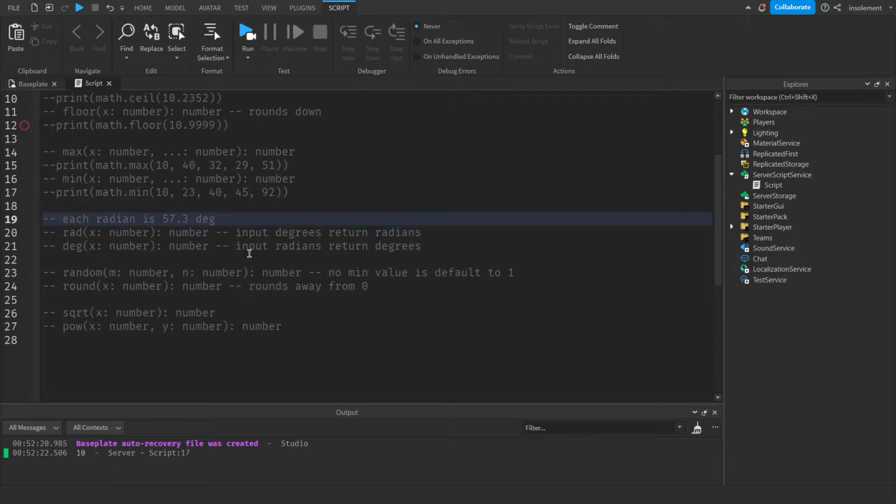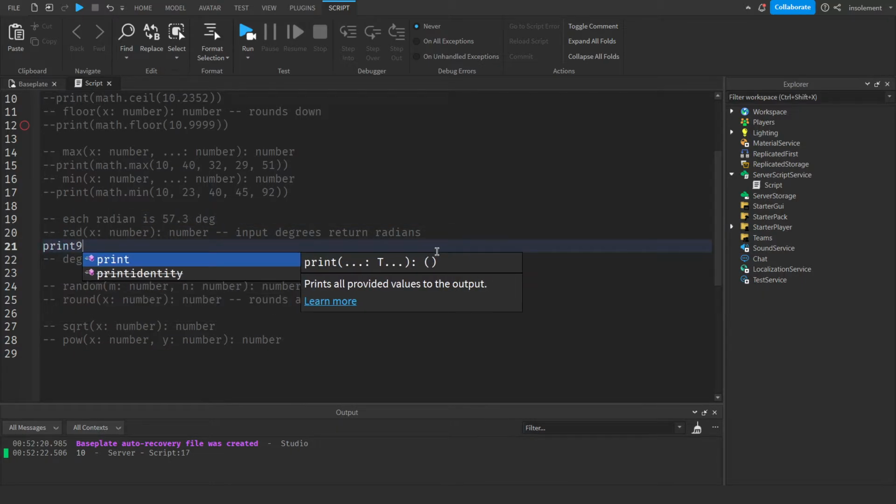Okay, math.rad. It takes a number, returns to us a number, but when you put in a number, it's in degrees, and then it returns to us in radians. And so, if you don't know what radians are, it's another way of measuring angles. And each radian is 57.3 degrees.